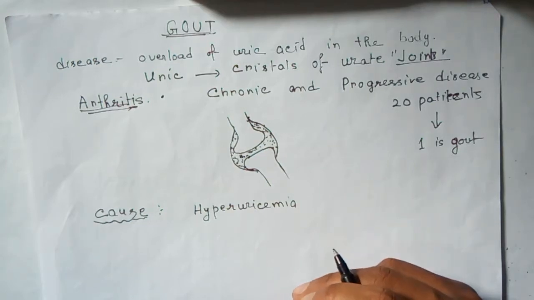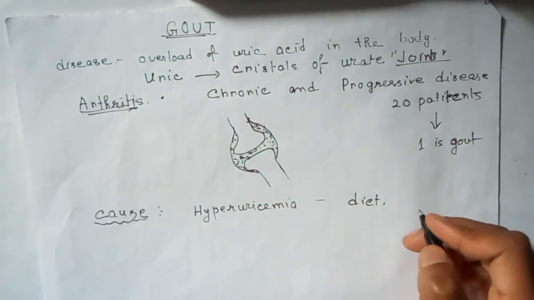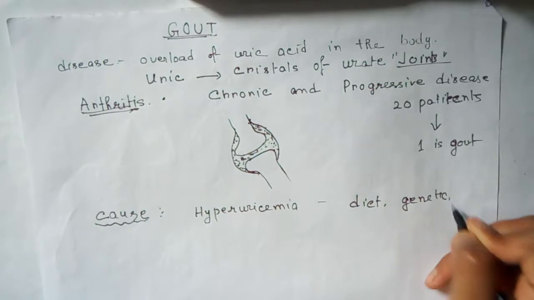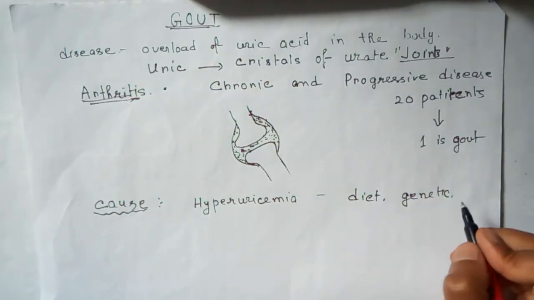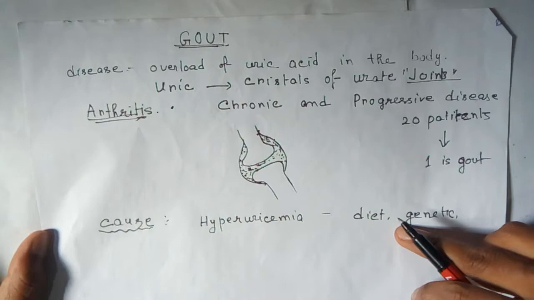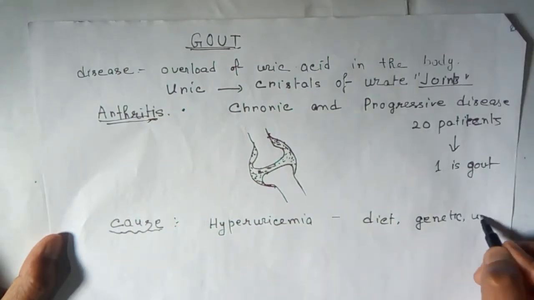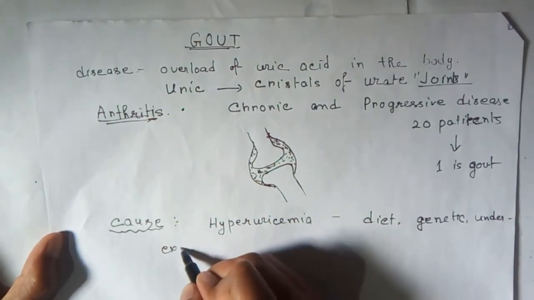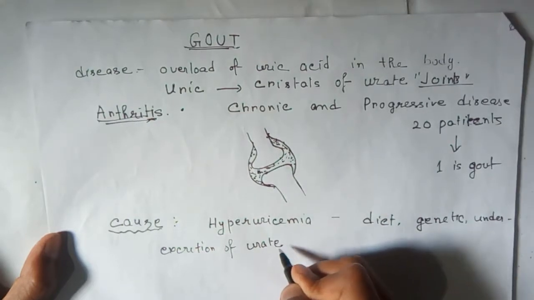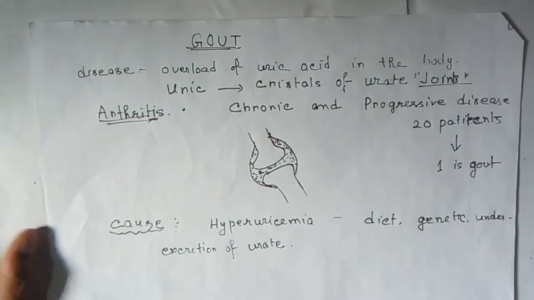This can occur for a number of reasons, including diet, genetic predisposition, and under-excretion of urate. These are the causes of gout.